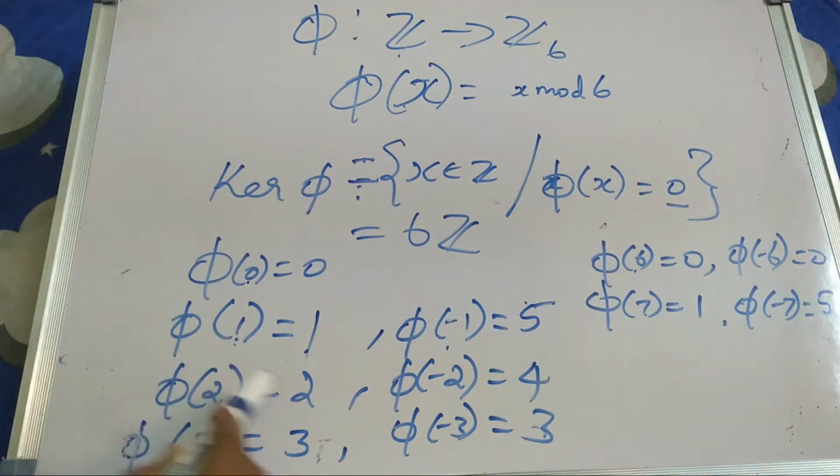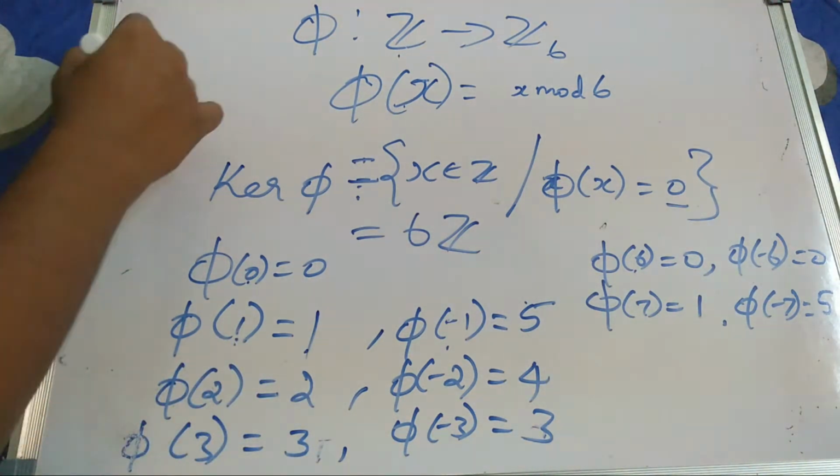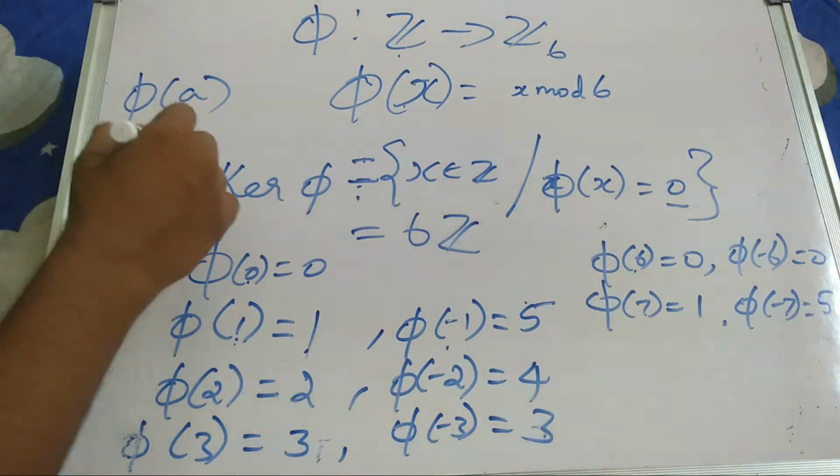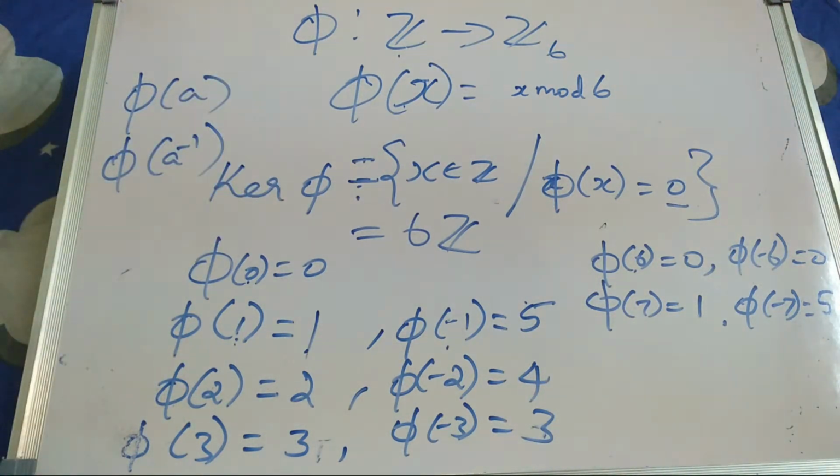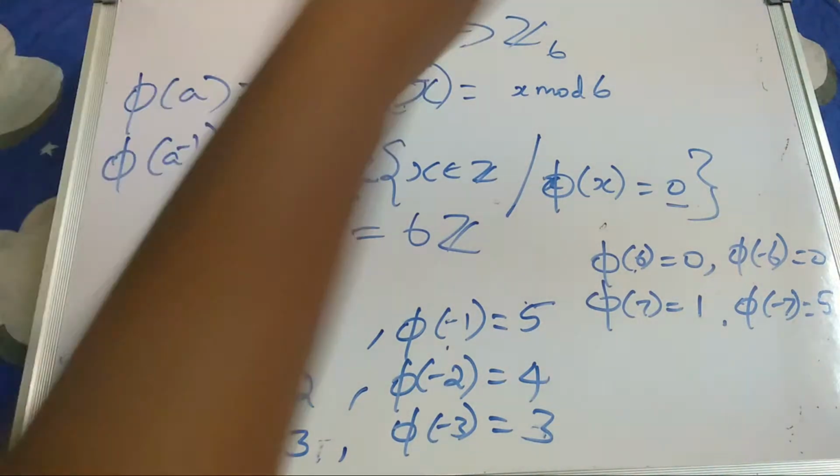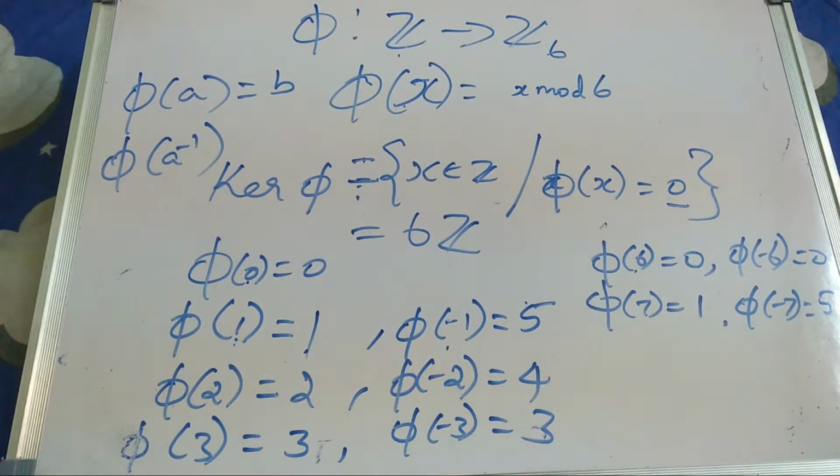In general, check where phi of A and phi of A inverse are mapped to. If phi of A is mapped to B in the codomain, where is phi of A inverse mapped to? Can you have a guess now from these observations? From this mapping, maybe?